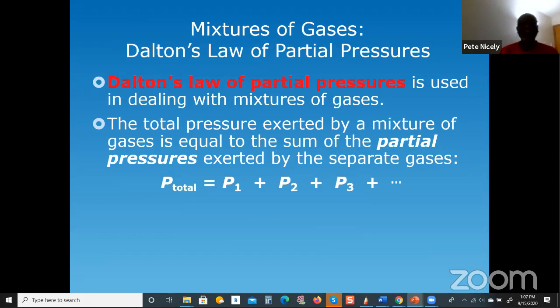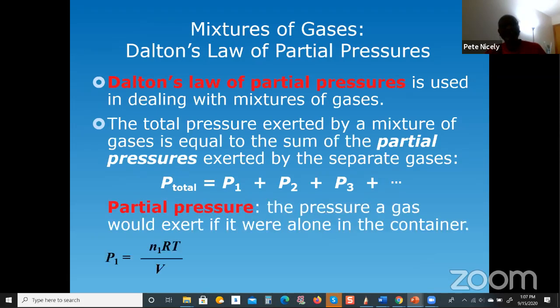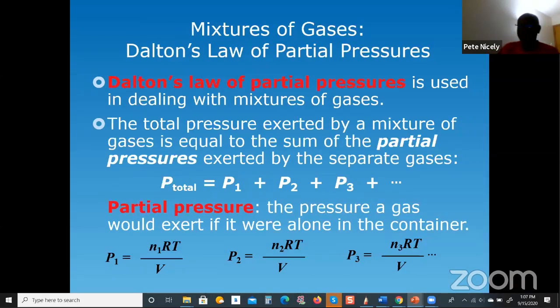Mathematically, P total is equal to P1 plus P2 plus P3 plus however many gases you have present. Each gas acts independently, so you can write an equation for its pressure. For gas 1, P1 is equal to n1RT over V. For gas 2, P2 is equal to n2RT over V, and so forth.